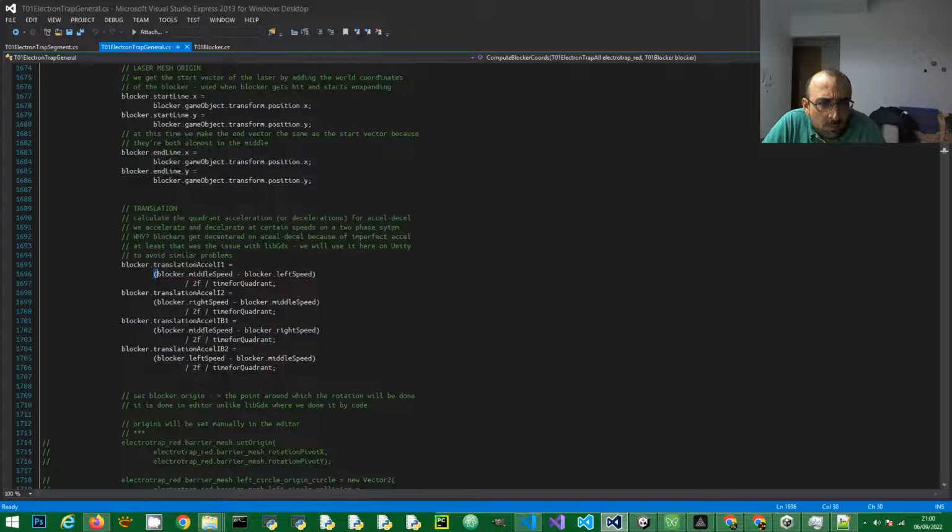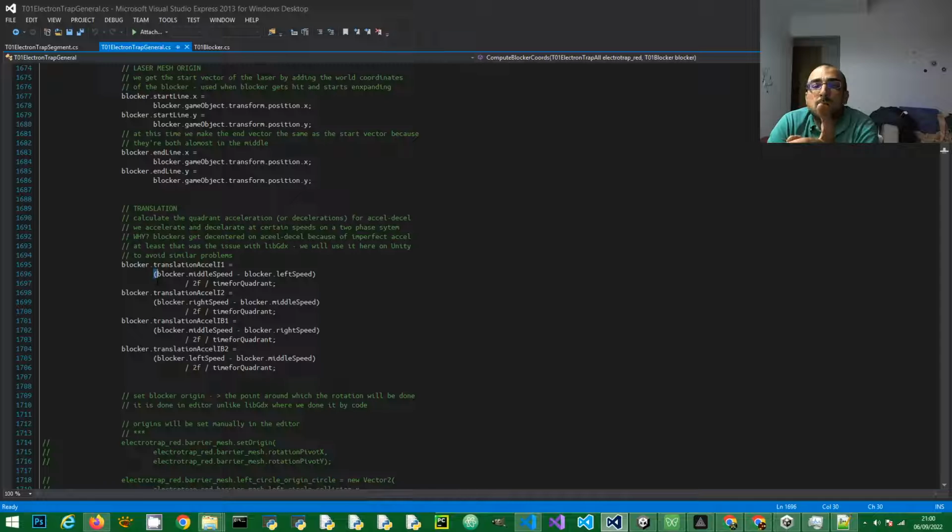So the first thing we have to do here is translation. We calculate the quadrant acceleration or deceleration. For acceleration and deceleration, we accelerate and decelerate at certain speeds on a two-phase system. So we basically have three positions: the left, the middle, and the right.